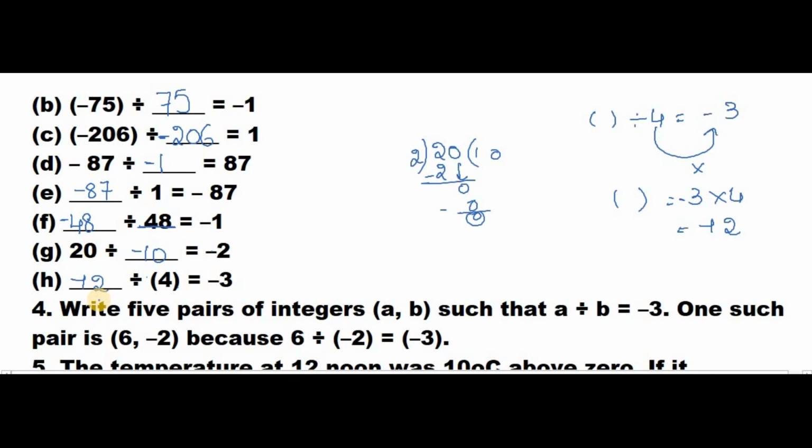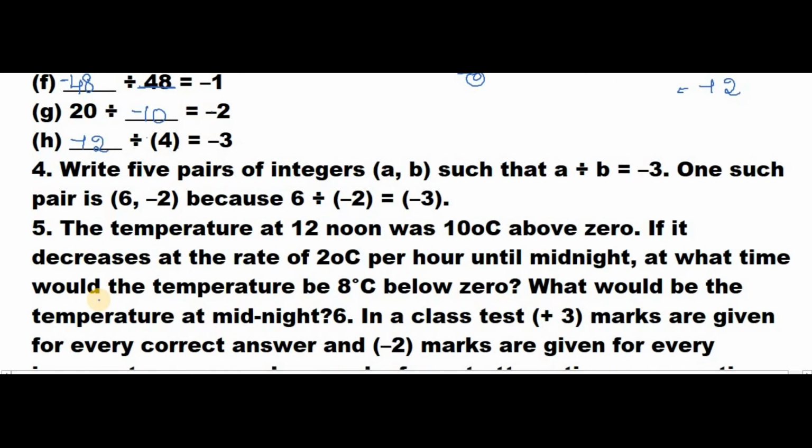Now we'll move on to the next question. Write 5 pairs of integers a, b such that a divided by b is equal to minus 3. One pair is 6 and minus 2, because 6 divided by minus 2 is minus 3. Okay, so we are going to write 5 pairs based on this question.